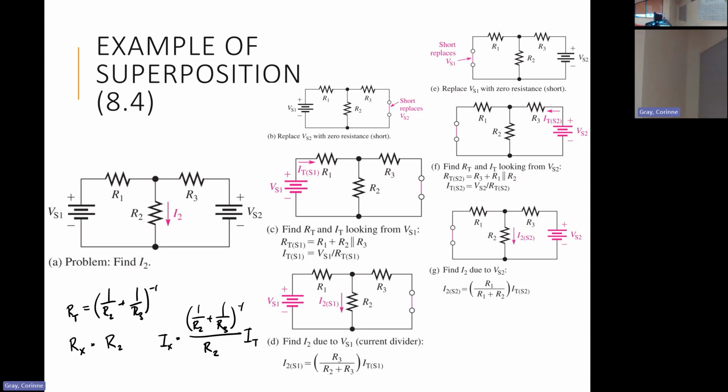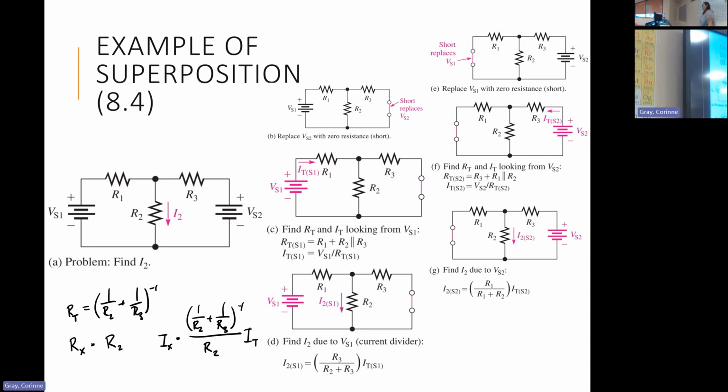Then it splits here between 2 and 3, which is why we don't need to include it even for the total. It is used for finding the total current. But when we have it split at the junction, we cannot include R1 because it's not part of the split of the current. So then this algebraically comes out to that.